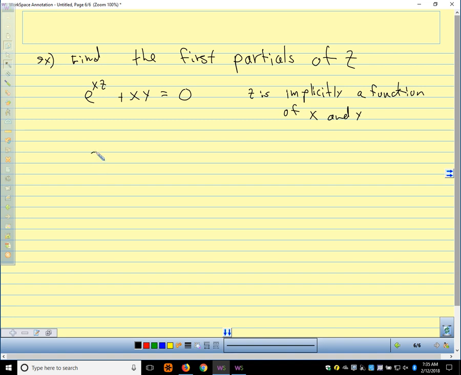So we know that dz dx is minus the partial of f with respect to x over f sub z, and dz dy is minus f sub y over f sub z. And we're saying f of xyz is e to the xz plus xy.